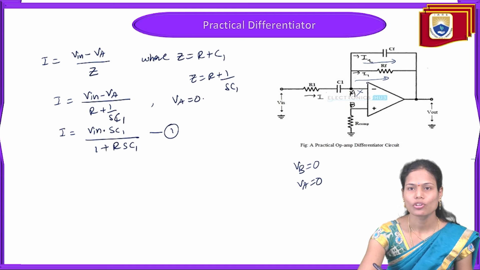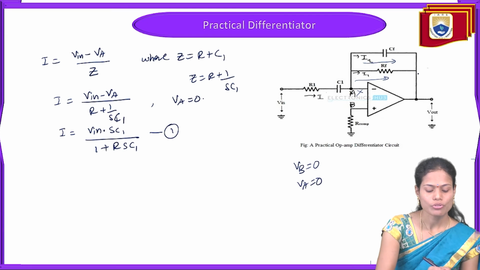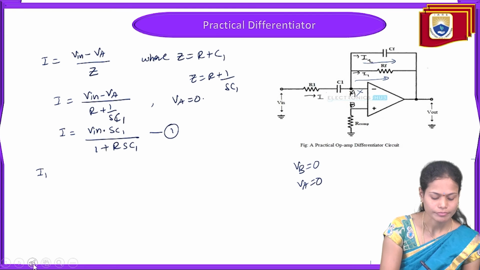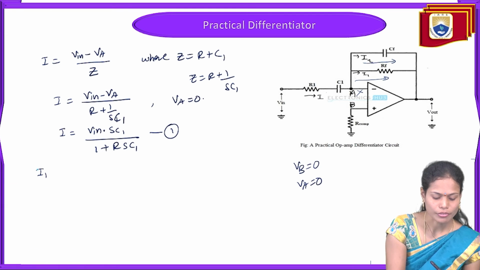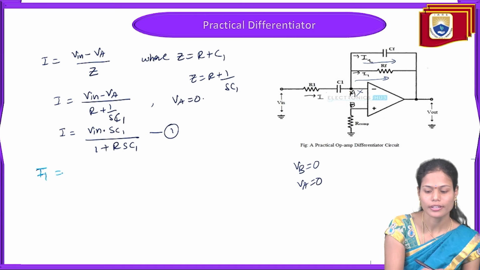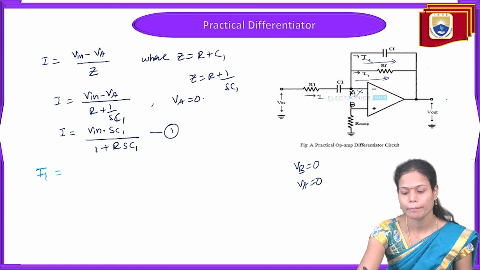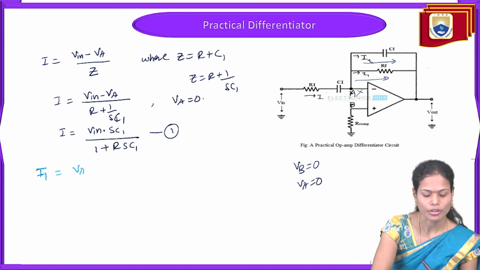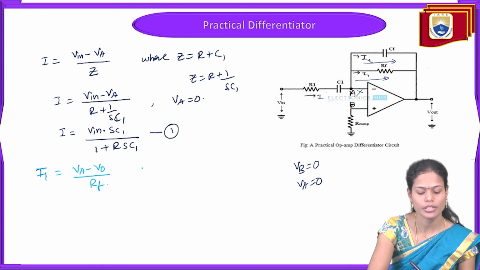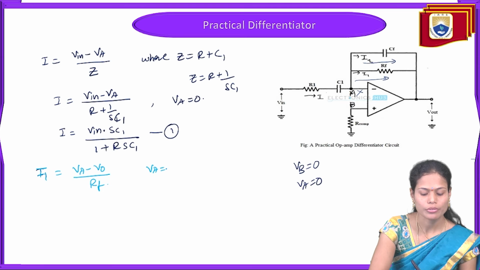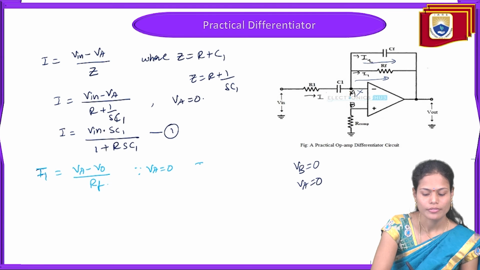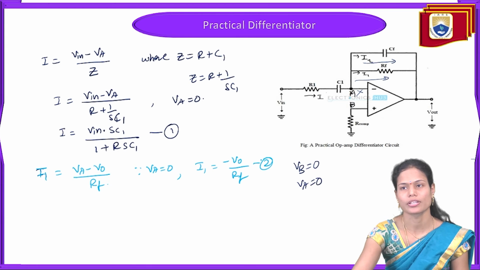And similarly, we need to find the I1 as well as I2 currents, so that we can calculate from the output side. To find the I1 current, that is VA minus V0 divided by RF resistance. Here VA value is 0. So I1 is equal to minus V0 by RF. This one I am taking as my second equation.